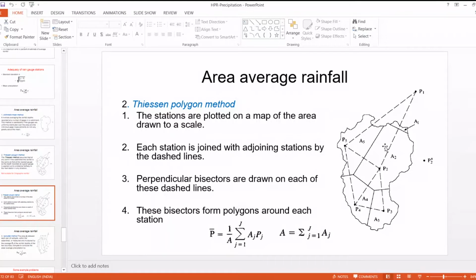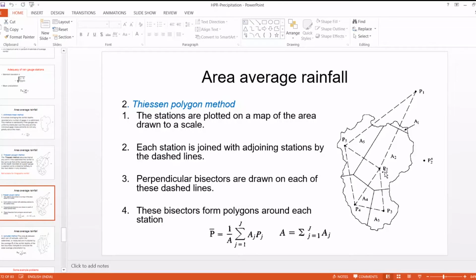If you see this catchment area, this is the polygon. Each rain gauge station is surrounded by these perpendicular bisectors, and on the other side, if it is at the boundary, the boundary line of the catchment area represents its periphery.